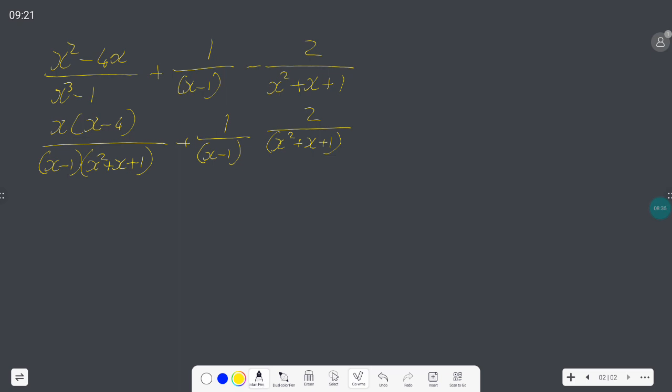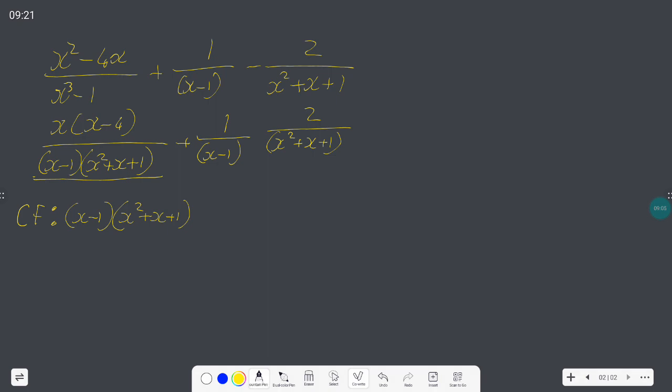Now it gets interesting. Why? Because now I have a different common factor. What will be my common factor in this case? My common factor will be x minus 1 and x squared plus x plus 1. So if I look at my first term, it already has everything I need.